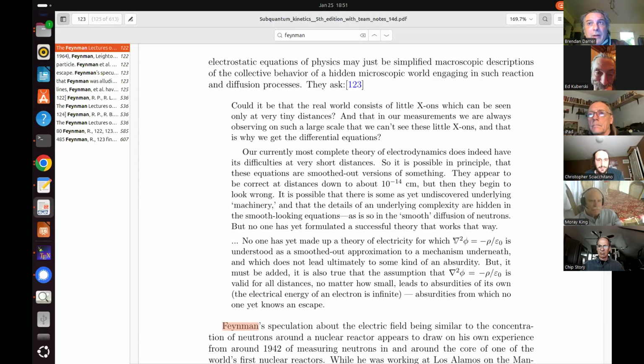That's one of the main forms of the equation of electrostatics, part of Maxwell's equations.